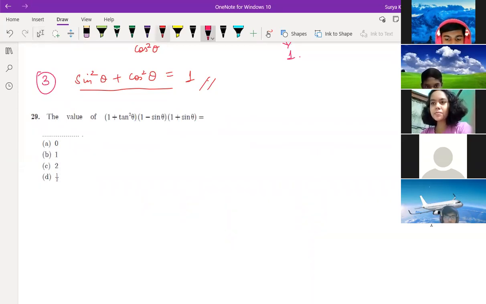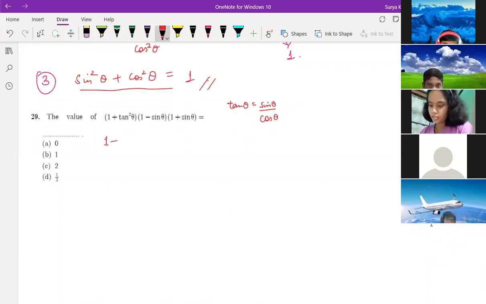Now see here also I'm changing: the value of 1 plus tan square theta. Right now you have learned that tan theta we can write as sine theta divided by cos theta. So 1 plus sine square theta divided by cos square theta, and then in bracket 1 minus sine square theta.